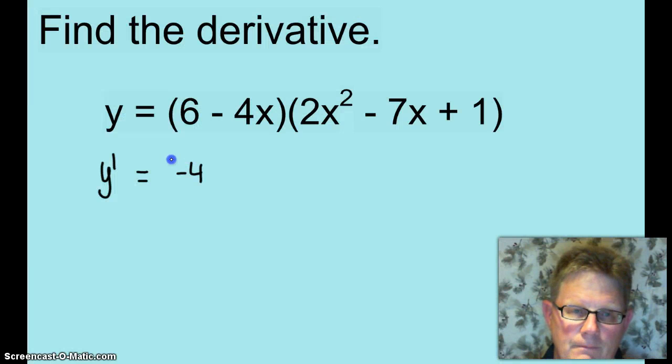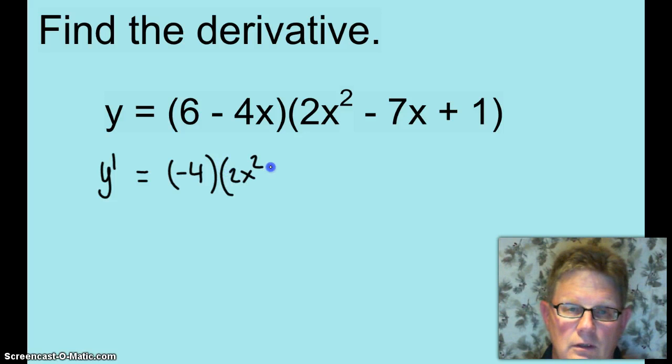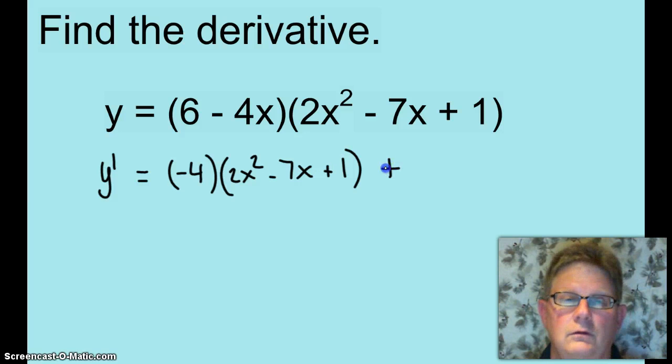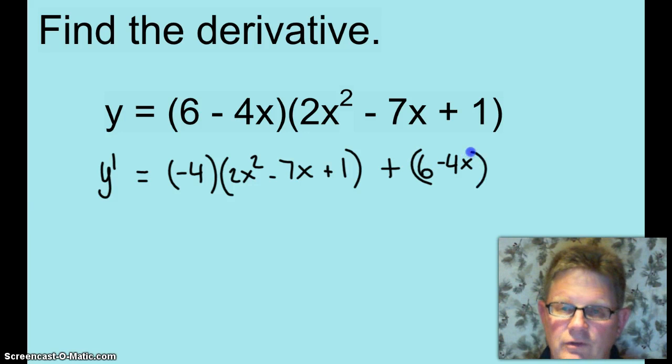Negative 4 times the second function of x, 2x squared minus 7x plus 1, plus the first function, 6 minus 4x, times the derivative of the second function.